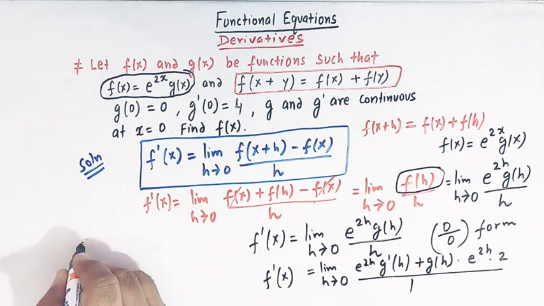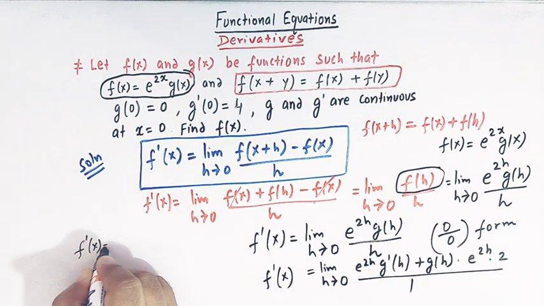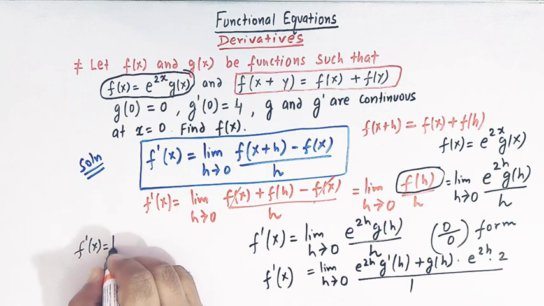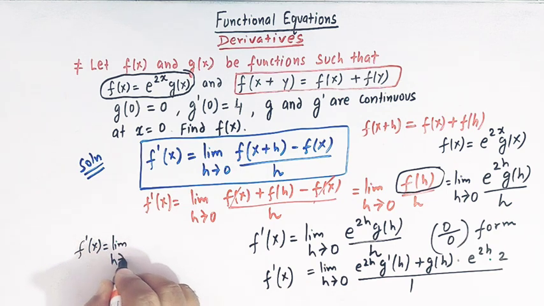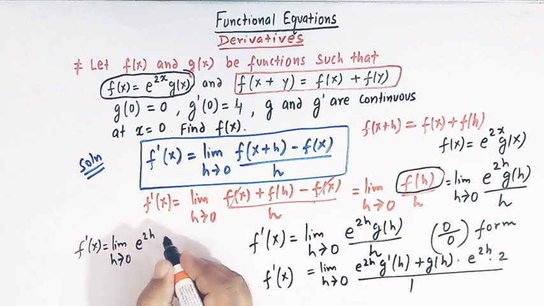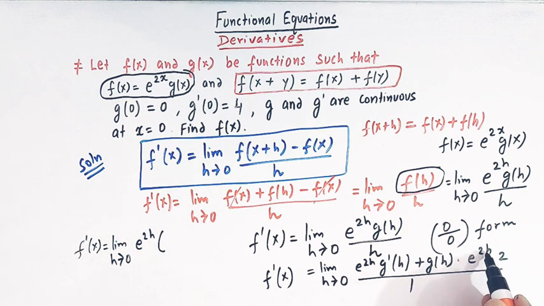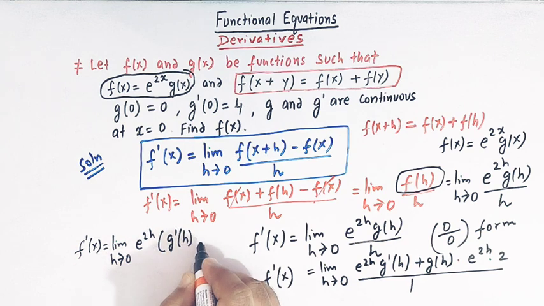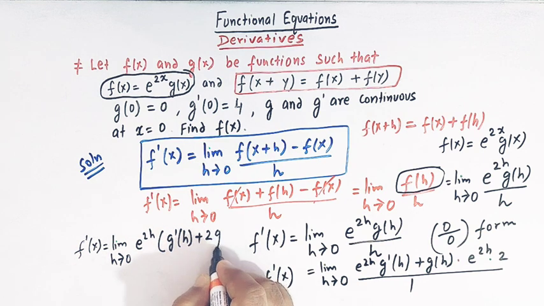So now we have f prime of x as e raised to, here we have the limit notation. So limit h tends to 0, we have e raised to 2h, and we can take e raised to 2h common. So we have g prime of h plus 2 times g of h, right?